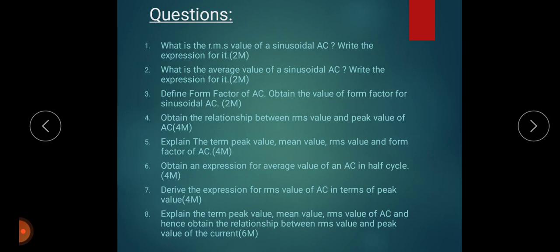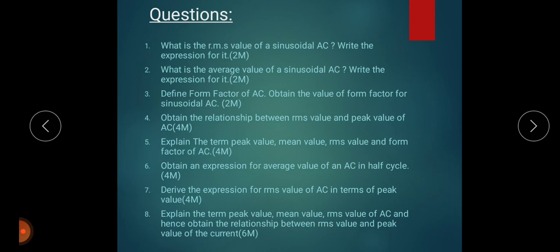The next, obtain the relationship between the RMS value and peak value of the alternating current. It may be asked for 4 marks. And next, explain the terms peak value, mean value, RMS value and form factor of an AC. It is also asked for 4 marks. The next, obtain the expression for the average value of an alternating current in half cycle.